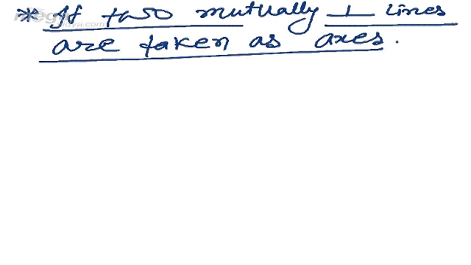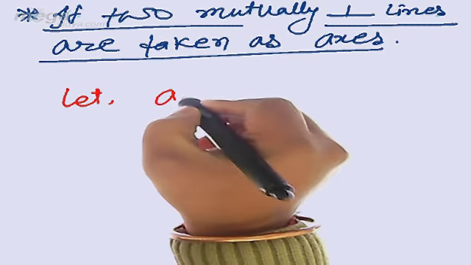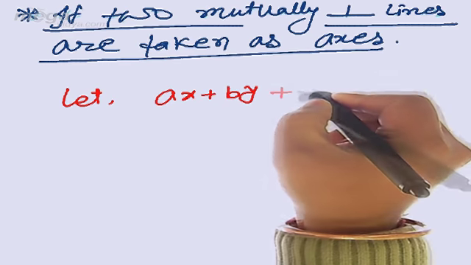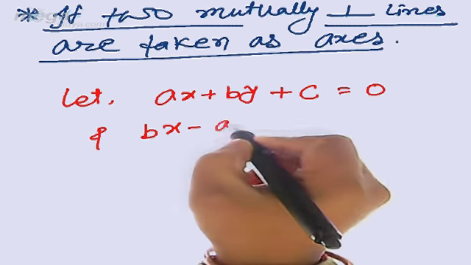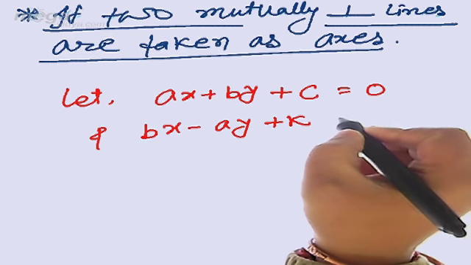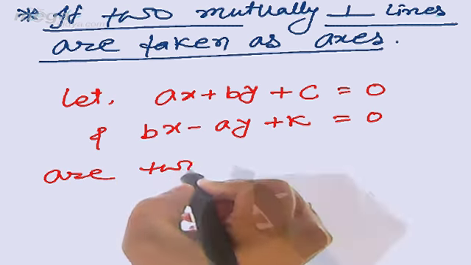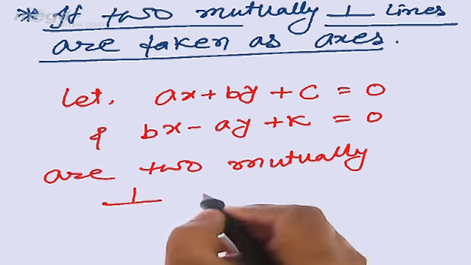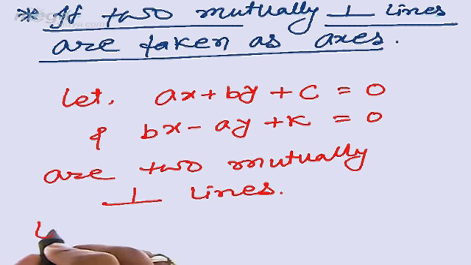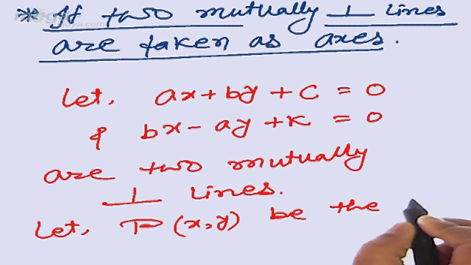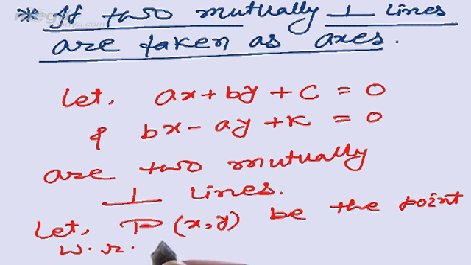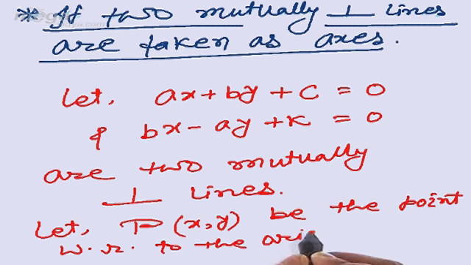Suppose ax plus by plus c equal to 0 and bx minus ay plus k equal to 0 are two mutually perpendicular lines, and suppose P(x, y) is the point with respect to the original axis.